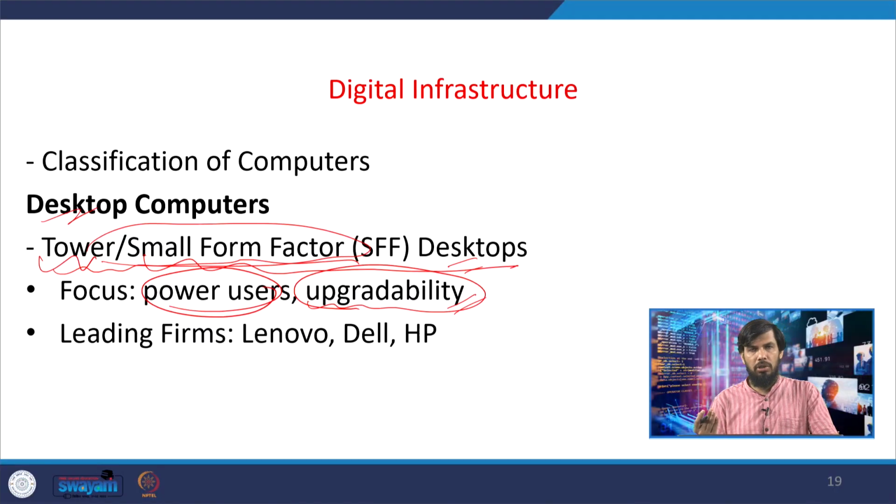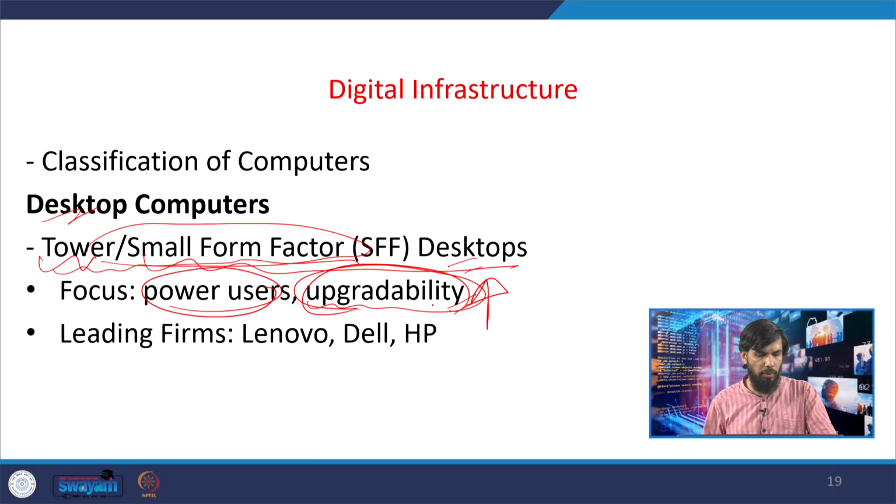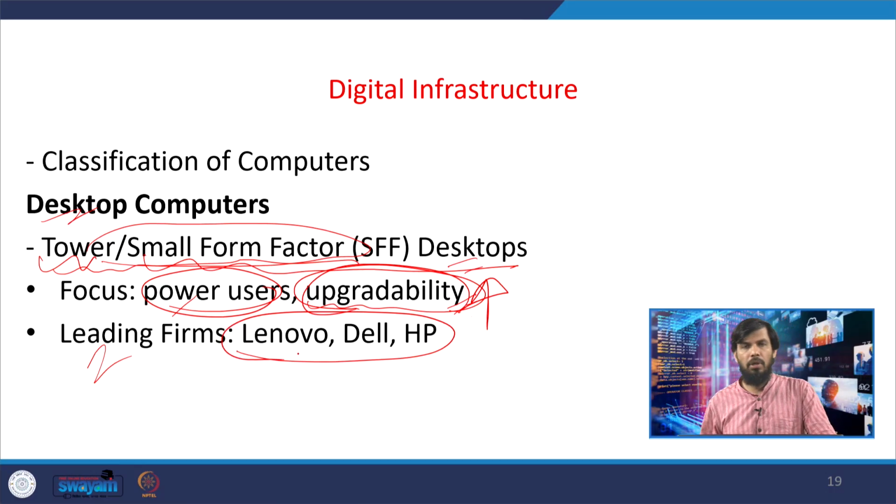So these people are working with computers which have a good lifespan and a current version of an application, and the next version requires slightly higher capacity, maybe in terms of RAM, memory, or in terms of processing capabilities, CPUs. So that upgradability option is very important, right. So the tower and small form factor desktops, SFF desktops, that is the focus. Leading firms, again the same, Lenovo, Dell, HP, are the leading firms catering to this segment.